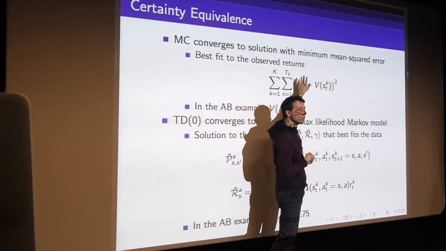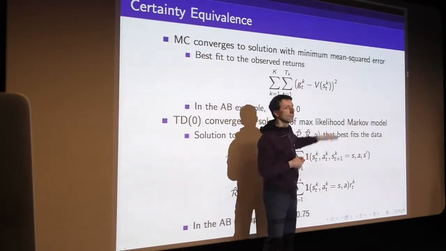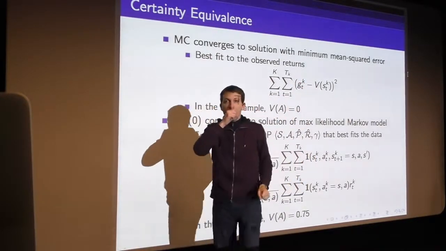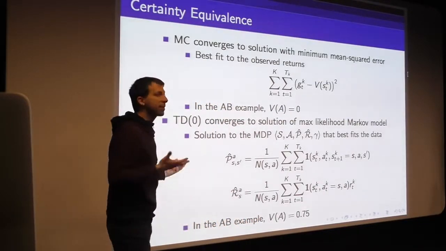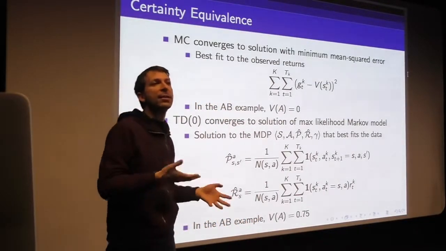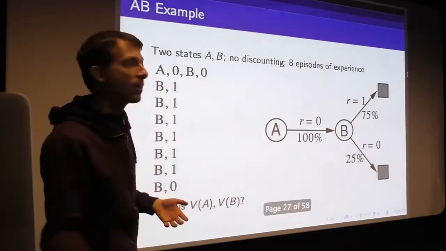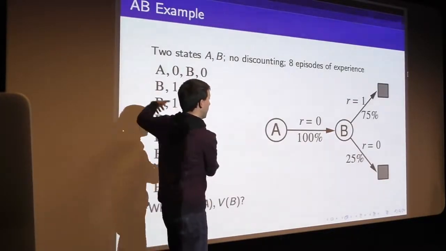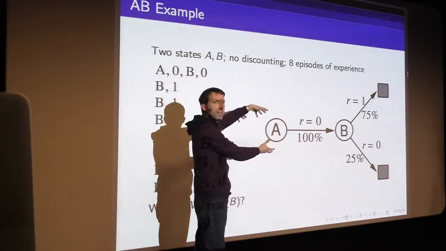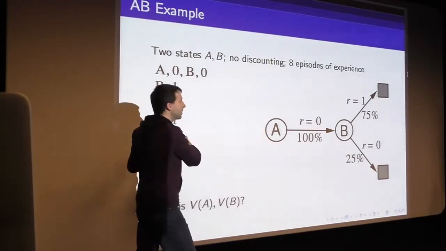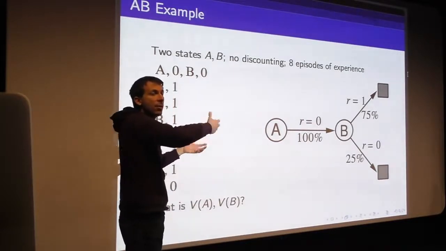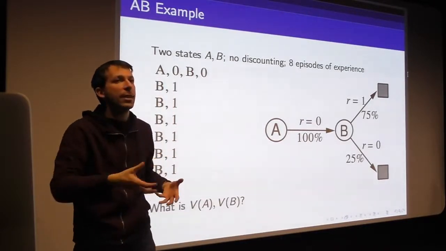It minimizes the difference between the return that we saw and the value function. Whereas TD(0) actually converges to the solution of the MDP that best explains the data. So implicitly what TD is doing is it first fits an MDP, and then it solves for that MDP. Whatever data you've seen so far, it will find the solution to the maximum likelihood MDP model that explains that data.